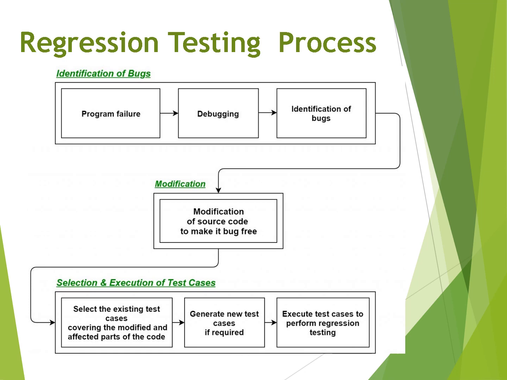And the test team, once they receive the new build, has to select some test cases to deploy in this testing. If needed, they have to write new test cases for this regression testing and execute these test cases to perform this regression testing.